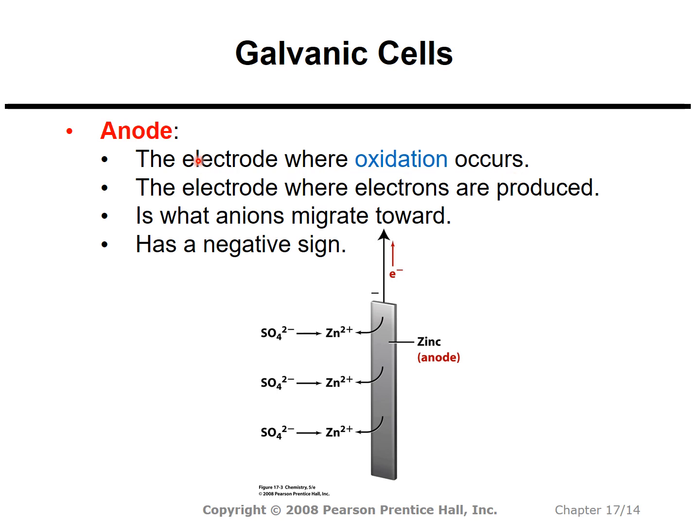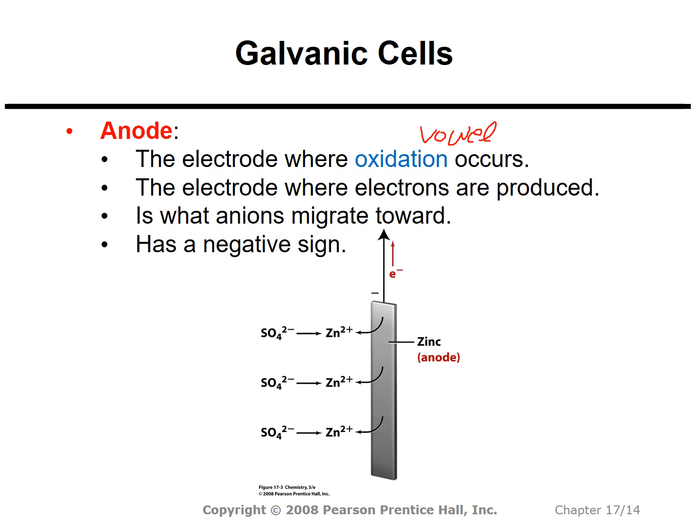That is to say, the cathode is the electrode where reduction occurs. So here is a memorization tip. Oxidation starts with a vowel, A-E-I-O-U, and anode also starts with a vowel. Let me write down vowel. So vowel corresponds to vowel. So anode is for oxidation.